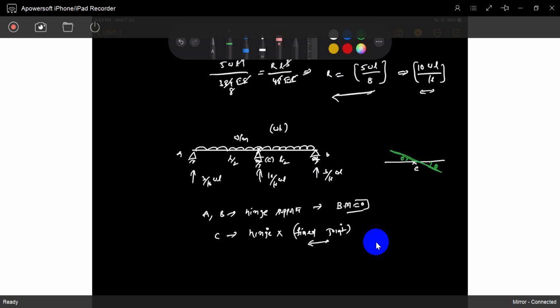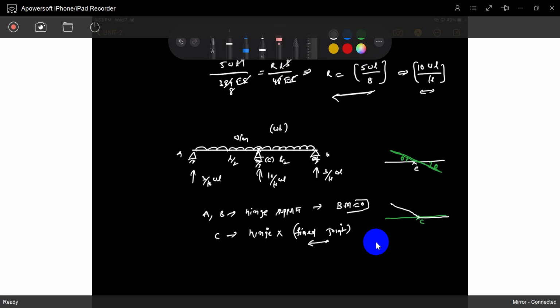If C were a hinge joint, it would rotate like this, because a hinge allows every member to rotate freely.